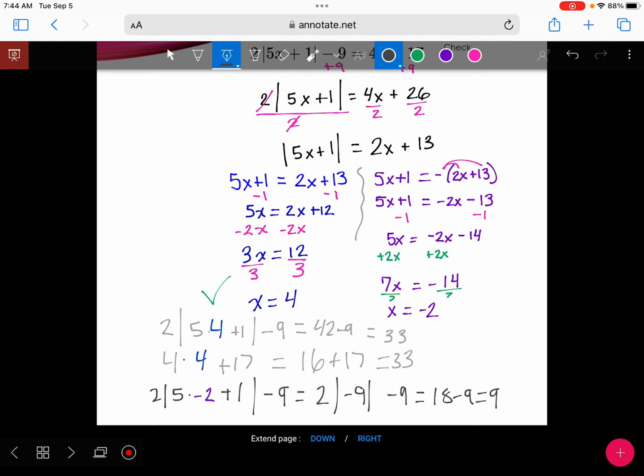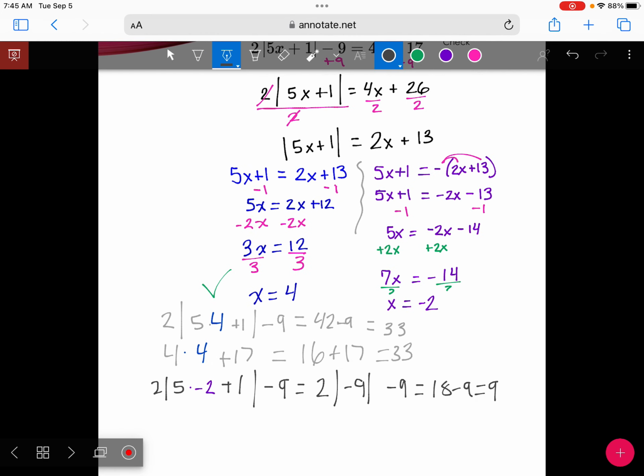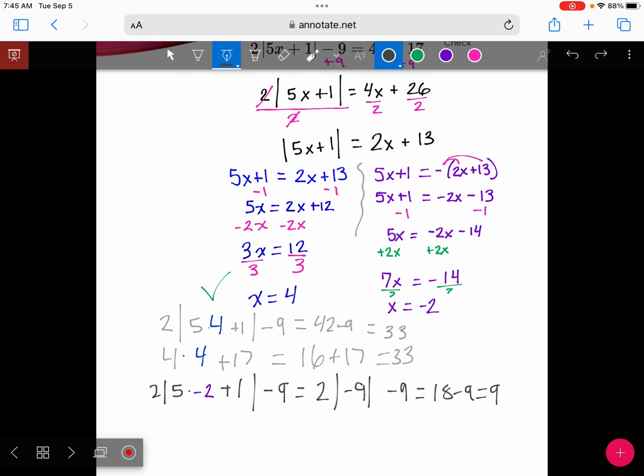And then we have to check the other side. Give myself a little bit more space. The checks are long, but they're doable. 4 times negative 2 plus 17. 4 times negative 2 is negative 8 plus 17 gives us 9. And since 9 does in fact equal 9, this one works just fine.